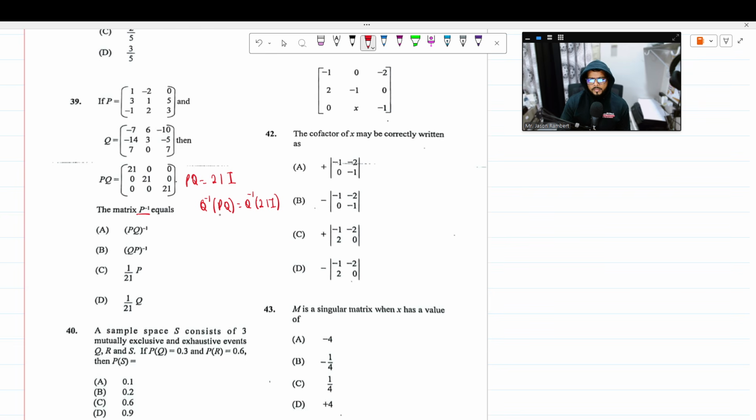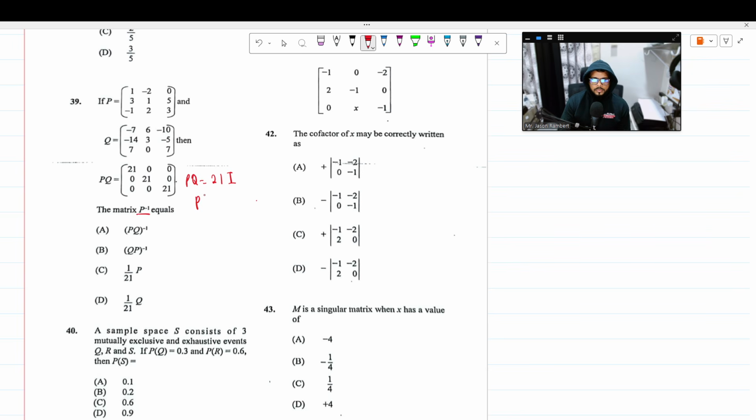Now Q inverse by P by Q, I'm not too sure whether the matrix multiplication will facilitate this. We want P inverse. Okay. Sorry.